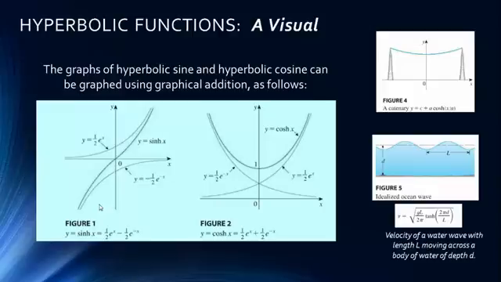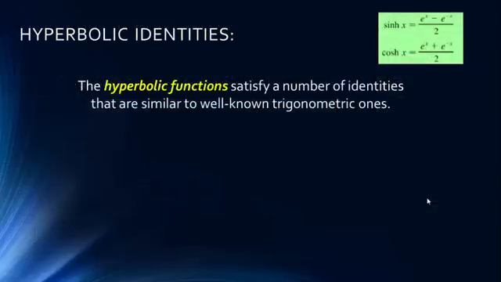Doing the same for cosine, 1/2 e to the x plus 1/2 e to the negative x, what I get is a parabola. Okay? And then over here to the right, you see the catenary with its equation. We also see the velocity of a water wave with length L. This is the wave that we were talking about modeling, and specifically it's just shrinking, etc.